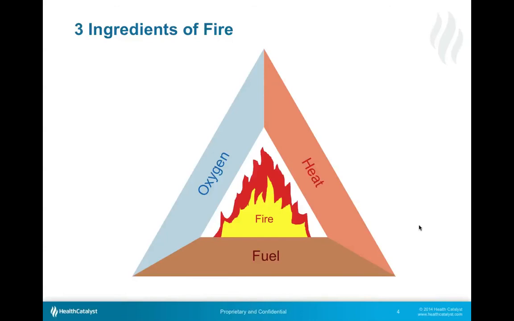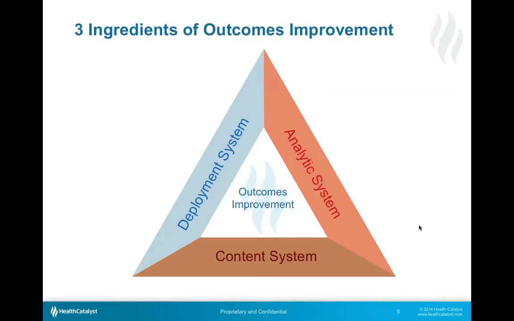And I think we can draw an analogy that there are multiple things needed to improve outcomes, not just technology, not just analytics. First, we need a content system, an analytics system, and a deployment system. And all three of these, just like in combustion, are required for outcomes improvement.